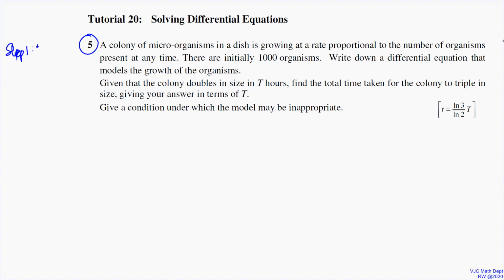Okay, so I will just share some quick steps. Step 1, we have to identify the variables. Question 5 is a simple example. If you read the question, a colony of microorganisms is growing at a rate proportional to the number of organisms. The first part asks us to write down a DE that models the growth of the organism.